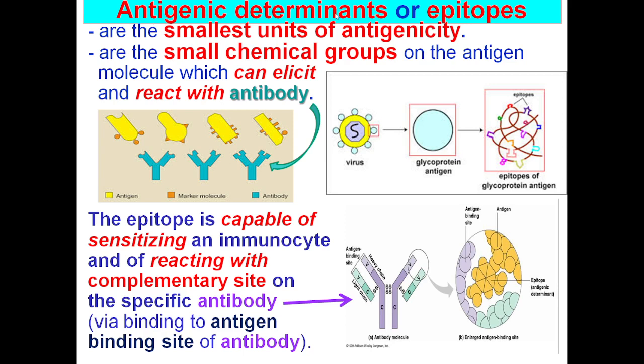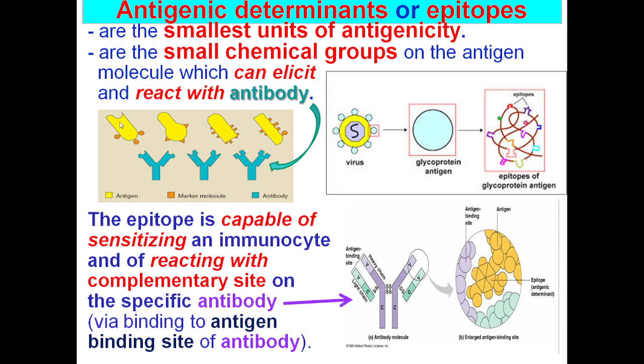Antigenic determinants, or epitopes. Epitopes are the small units of antigenicity. Now, for example, in the drawing on the left part of our slide, you see 1, 2, 3, 4 yellow antigenic structures that have epitopes of different specificity.